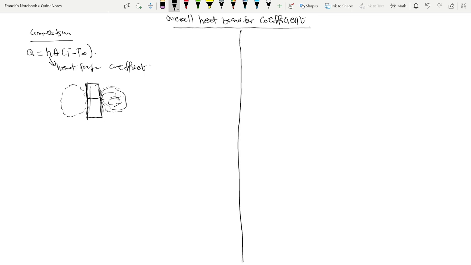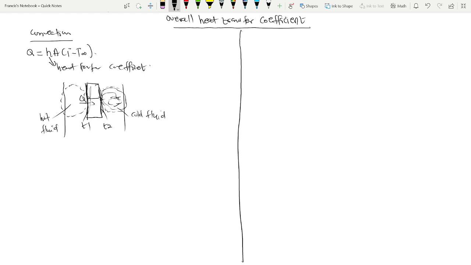So let's call this the heat transfer, and this is our hot fluid, and this is our cold fluid. Let's call our temperature at the surface here T1, and here T2.